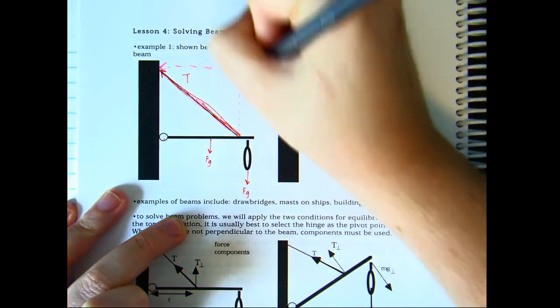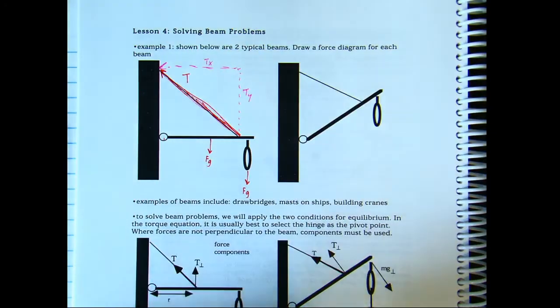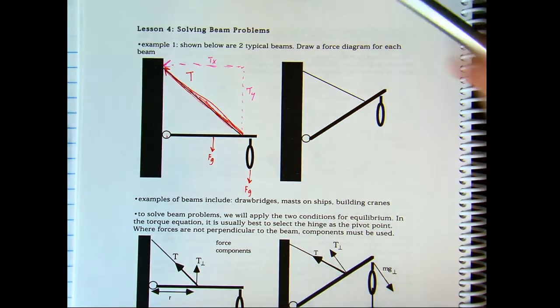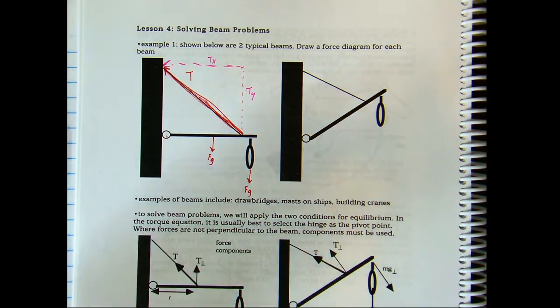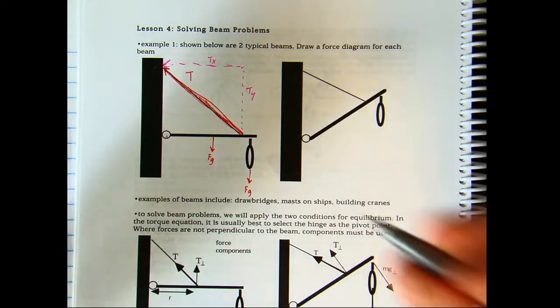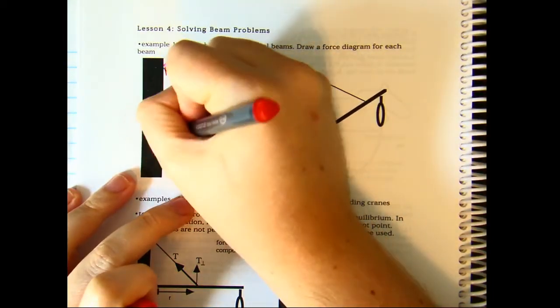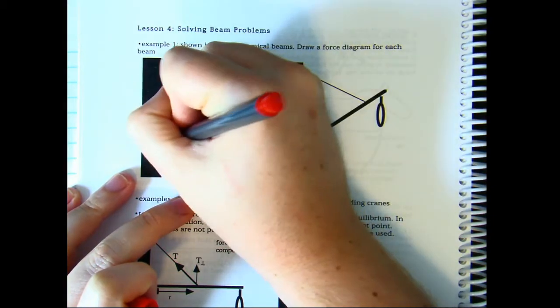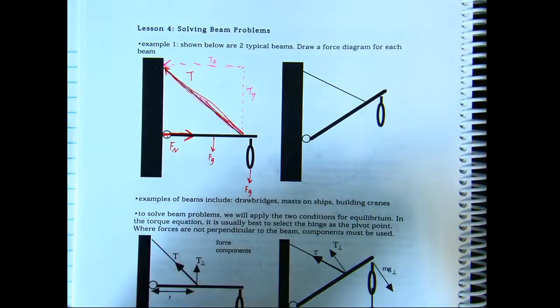I'll call this Ty, we'll call this Tx. Tx is pulling backwards here. And because this thing is in static equilibrium, there must be a force acting to the right. The only place for that to happen for this beam is right here. So there's got to be a force acting to the right. That's actually a normal force off the wall.